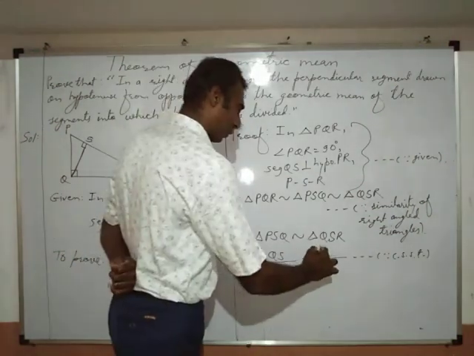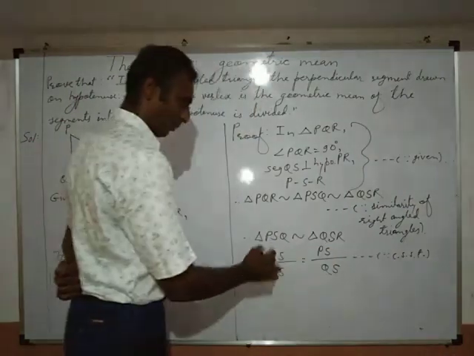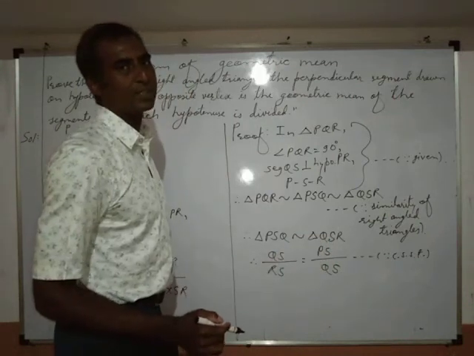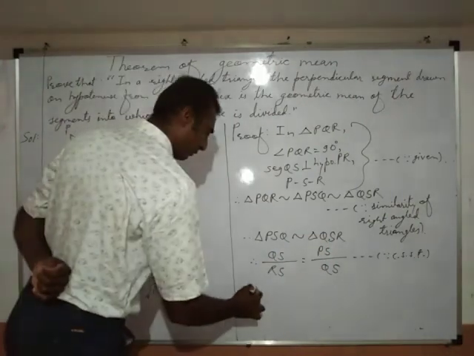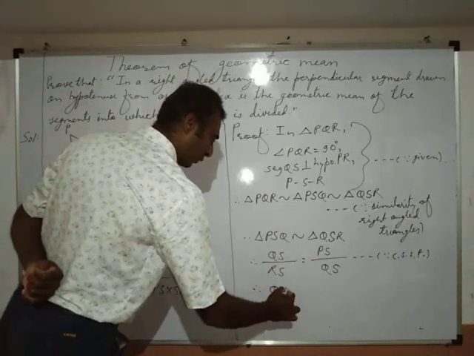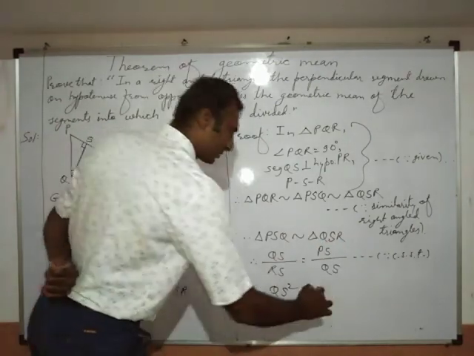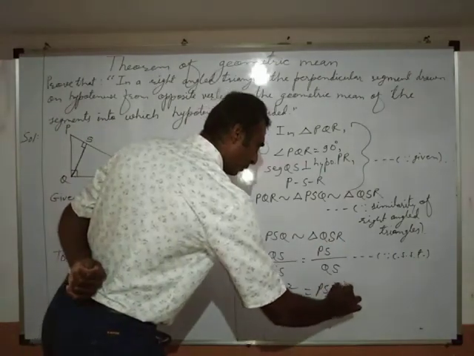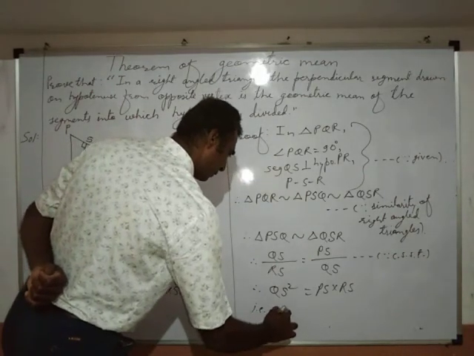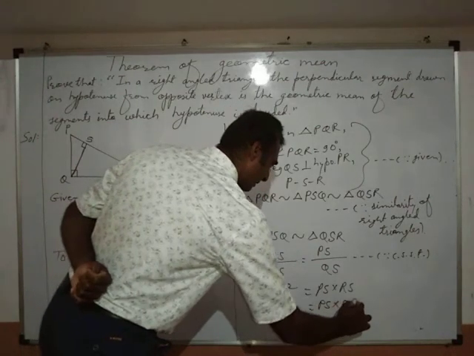Means here we write PS upon QS. QS upon RS equals PS upon QS, since corresponding sides of similar triangles. Now by cross multiplication, QS into QS gives QS square equals PS into RS, that is QS square equals PS into SR.